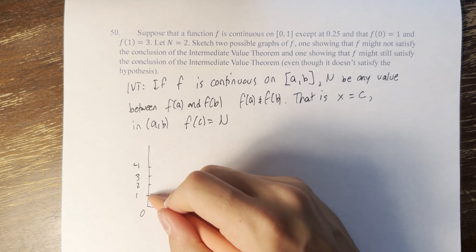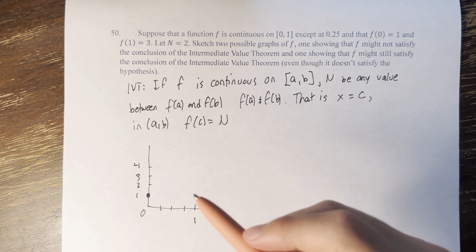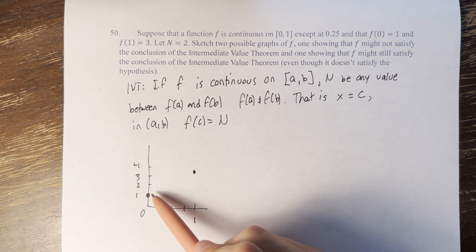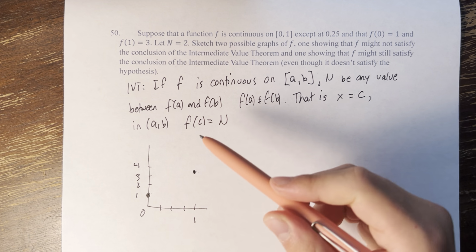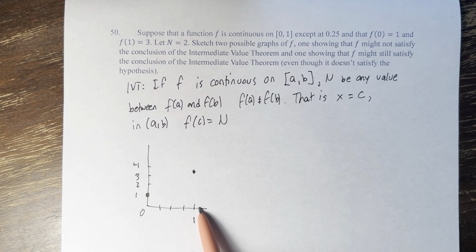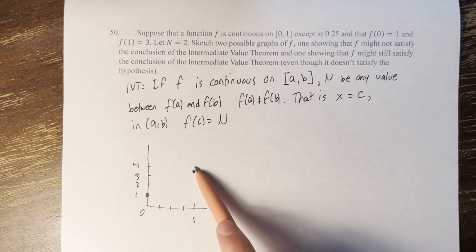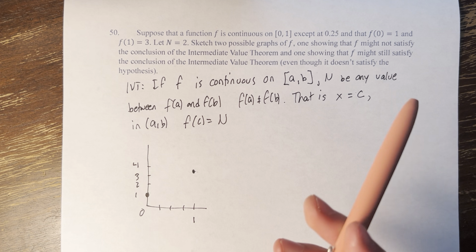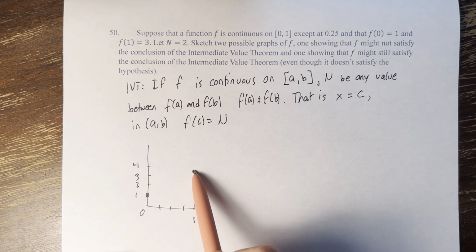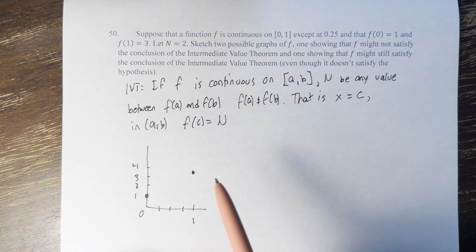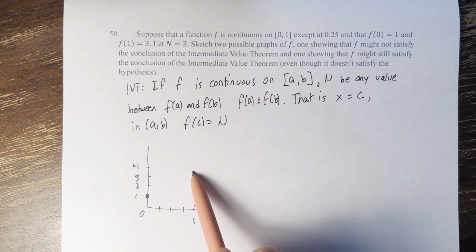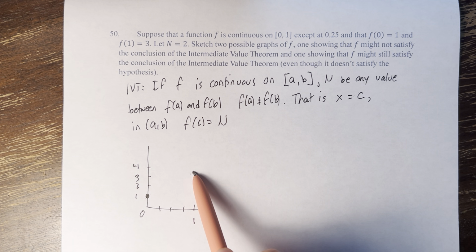If f of 0 is equal to 1, and f of 1 is equal to 3, we're saying that if you pick any value between 1 and 3, then there's some point on the x-axis where the function hits that value. So what does that mean? Well, basically they're saying if you start here and you get here with no jumps or gaps or anything, you're going to have to hit every y value on the way.